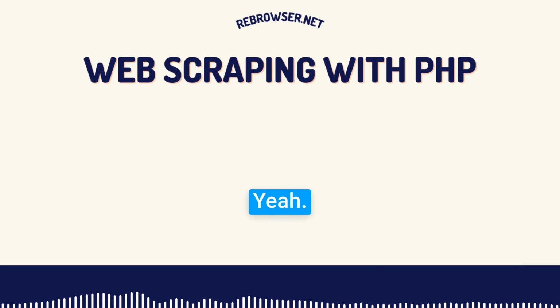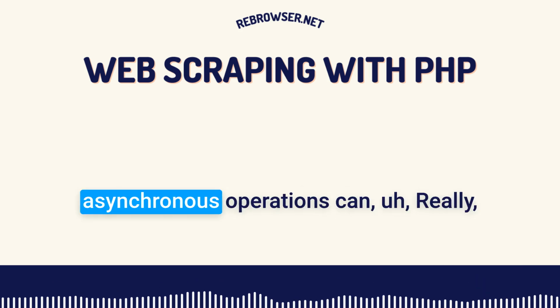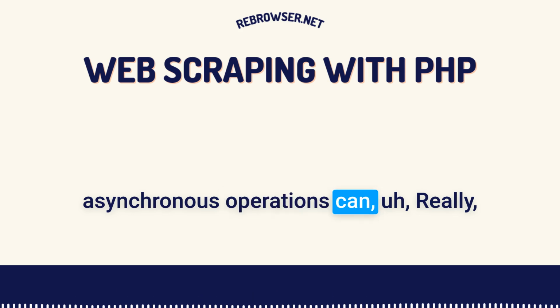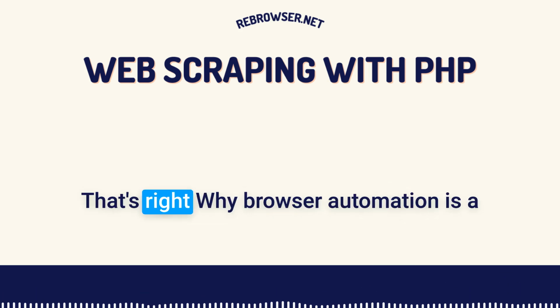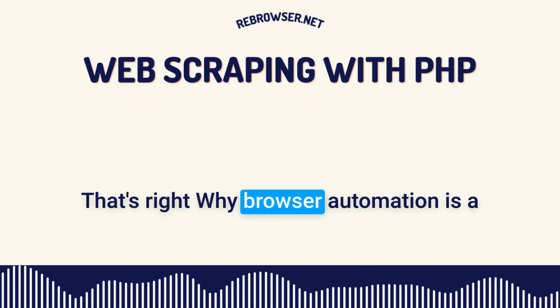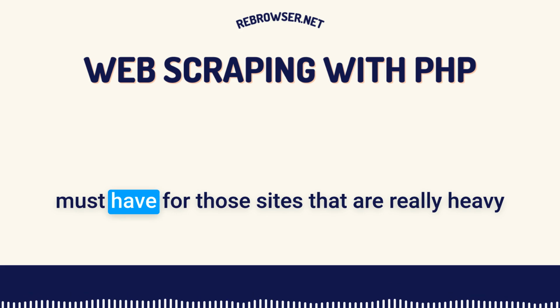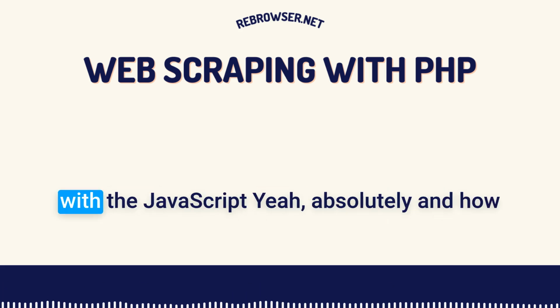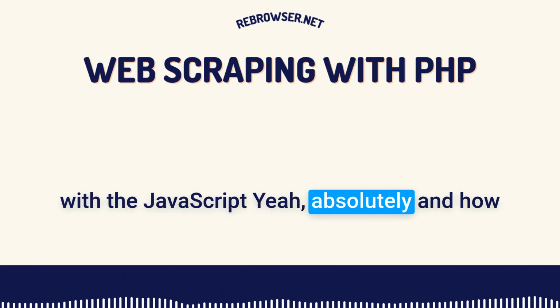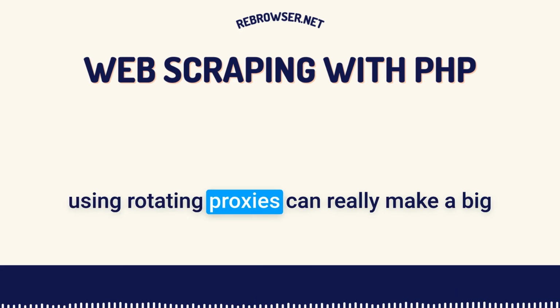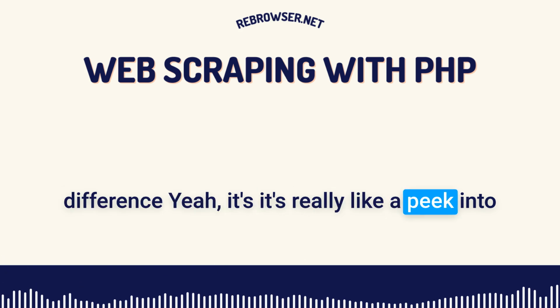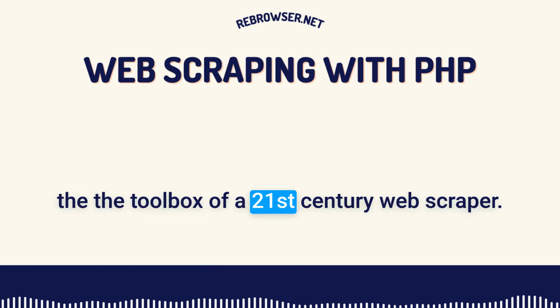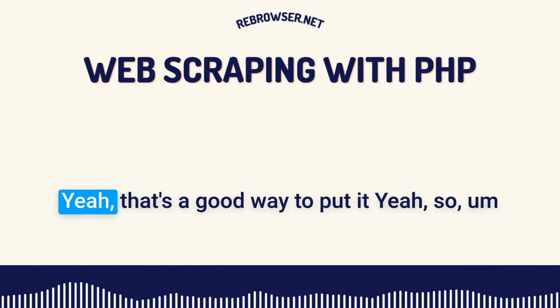We'll cover how asynchronous operations can crank up your scraping speed, why browser automation is a must-have for JavaScript-heavy sites, and how rotating proxies can make a big difference. It's really a peek into the toolbox of a 21st century web scraper.